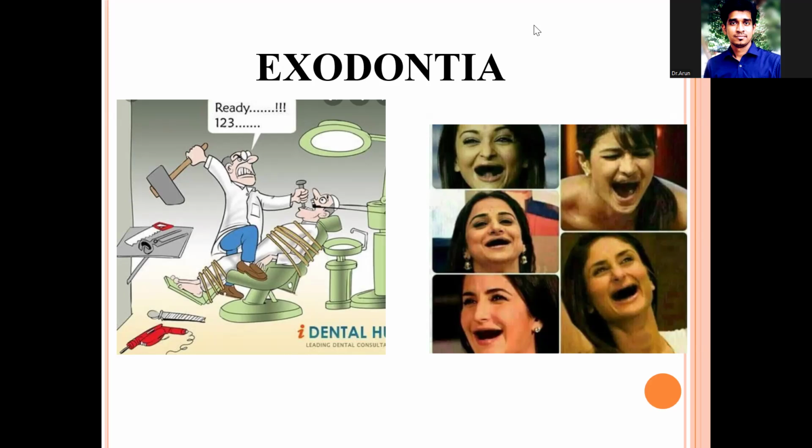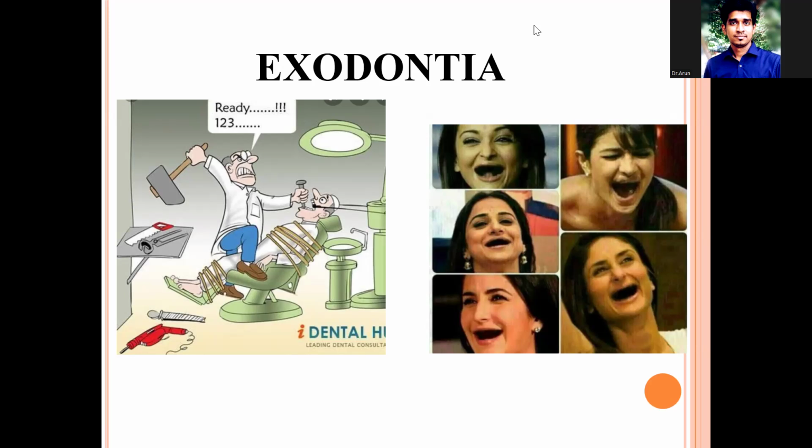Before considering extraction, your surgeon should always be prepared with neat scrubs, sterile gloves, mask, and head cap with goggles. For patient preparation, a sterile disposable towel should be draped across the neck of the patient. Regarding the surgeon's position, many people are in a dilemma about where to stand.